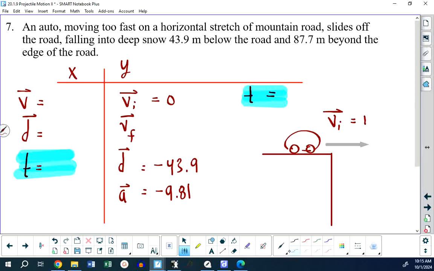Let's just call it a number. Don't confuse this that I've written here with this VI under the Y. This is the true velocity of the car. Maybe it's 29.9 meters per second in that direction. 29.9 meters per second in that direction means it will be 29.9 meters per second under the x column and 0 here.